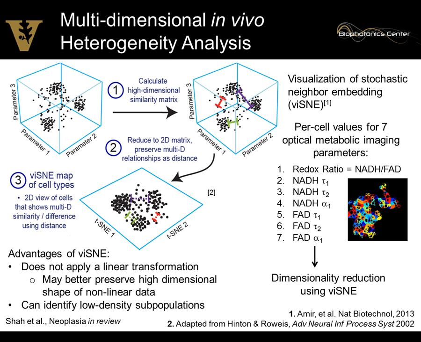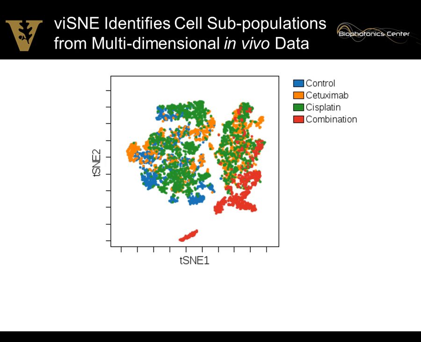So anyways, we used this data reduction technique on all 7 of our variables and then plotted them on a 2-dimensional matrix to see how they looked. So here the control is blue, and I know it's hard to see, but it's all right here in this sort of thing I'm circling. And then if you look at the combination treatment, it's in red, and it's all over here, very little overlap between the combination treatment and control.